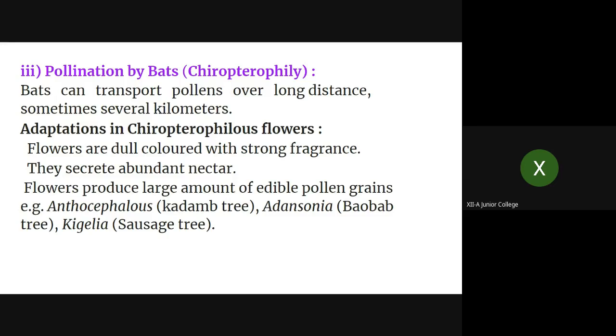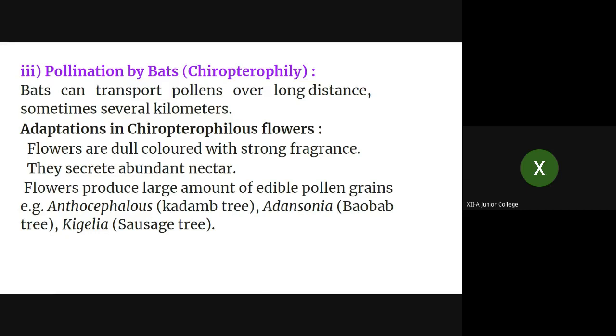And you know how the bat works with the sense, which sense is strongly used in case of these bats, how they cover the distance, how they are working during the nights. So their eye vision is not important, that is not working, but which sense? Hearing sense is important, right?